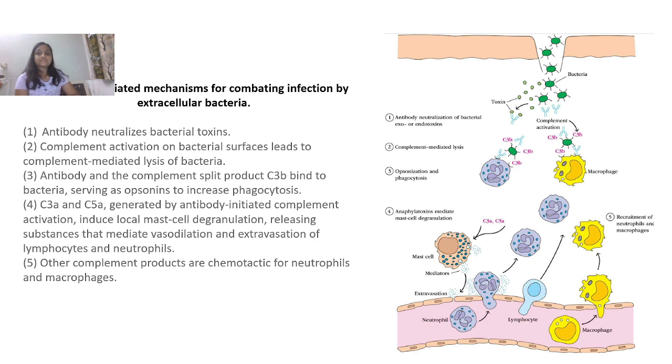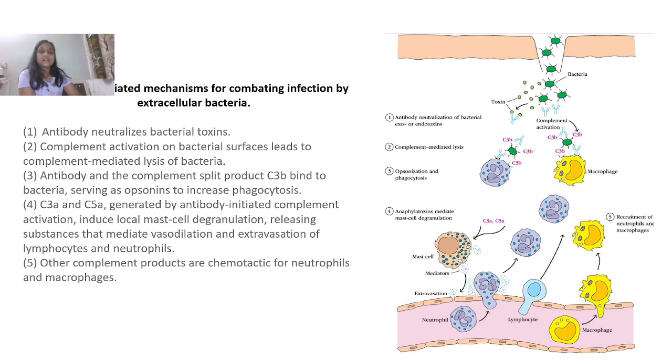Then there is opsonization as well as phagocytosis. This antibody and the complement product C3b bind to the bacteria, serving as opsonins to increase phagocytosis. Then there can be anaphylotoxin mediated mast cell degranulation, where there is activation of the complement pathway by the antibody.